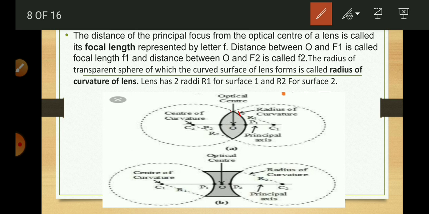So this is the radius of curvature of the lens, or the radius of sphere of which our lens is a part, is called as radius of curvature. Lens has two radius of curvature, R1 and R2, as it is having two spherical surfaces.